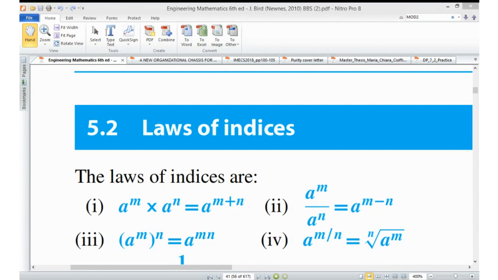Then number 4 is a number or a base that is raised to a fractional power or a fractional index. The indices is the plural of index. Very important.